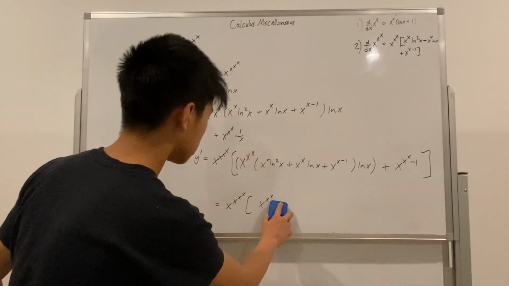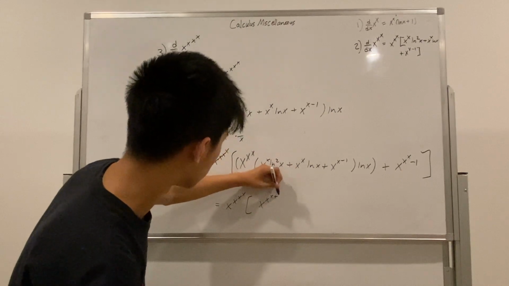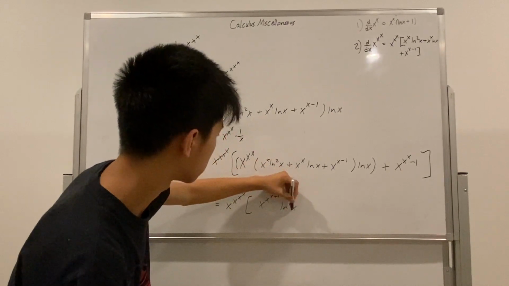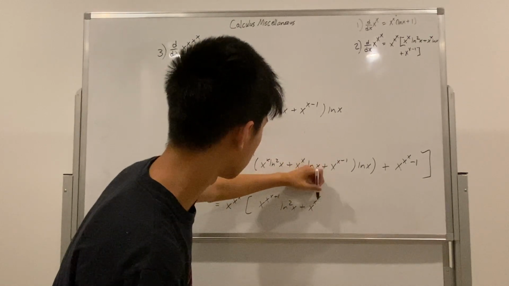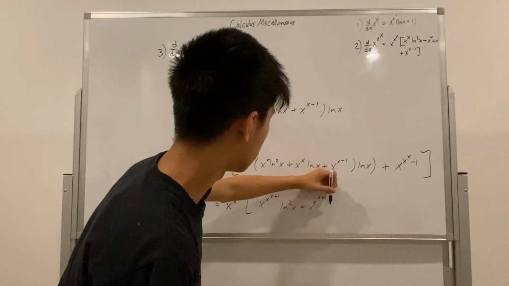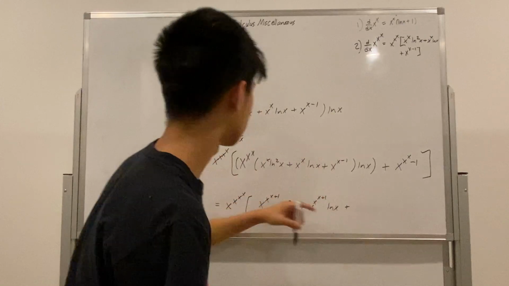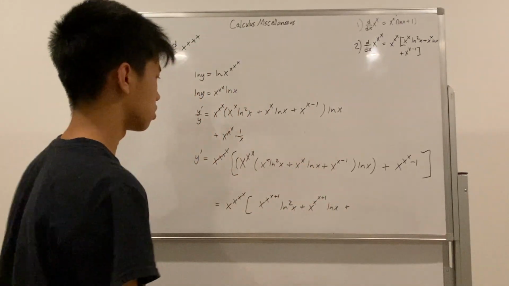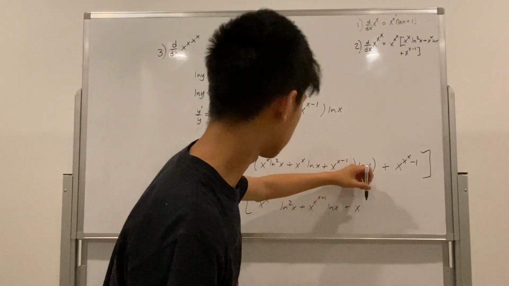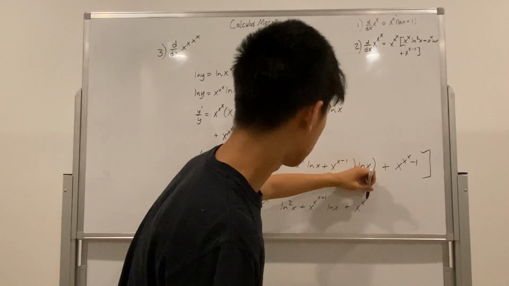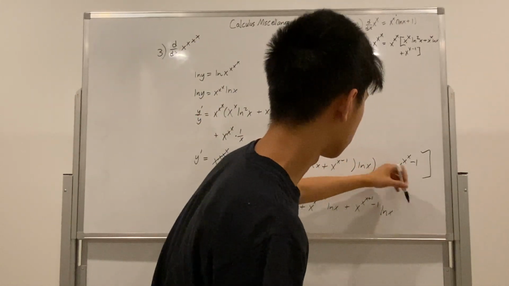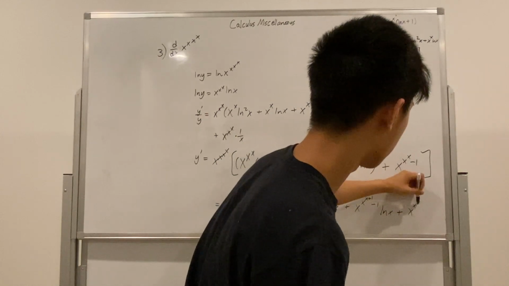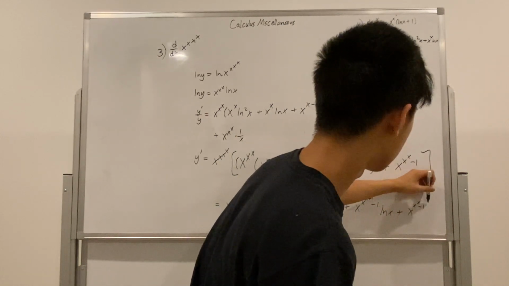No. Plus 1. ln squared x plus x to the x plus 1 ln x plus x to the x plus 1 minus 1 ln x plus x to the x minus 1.